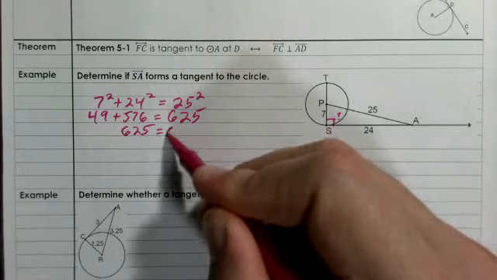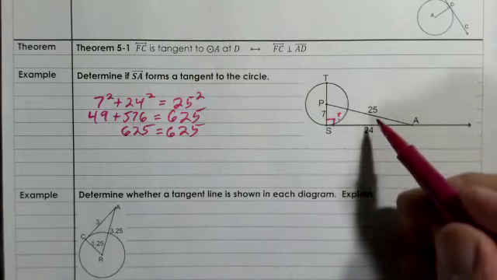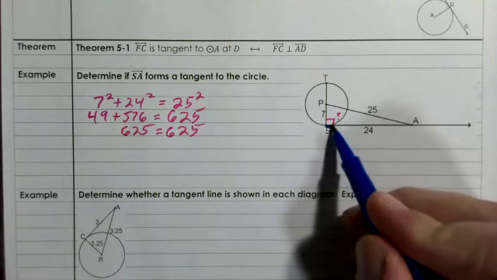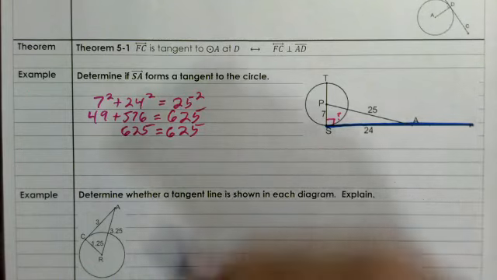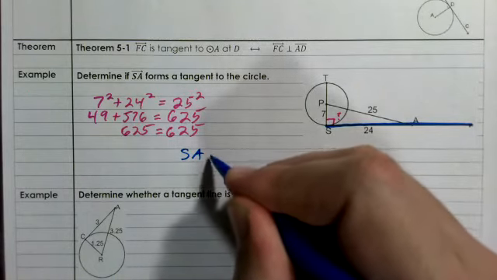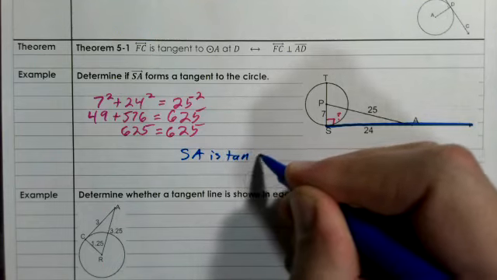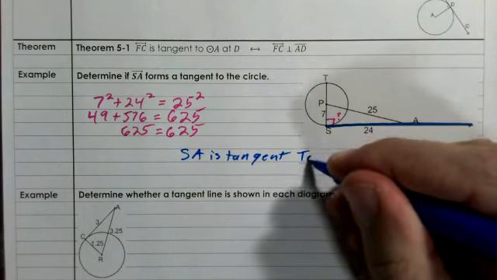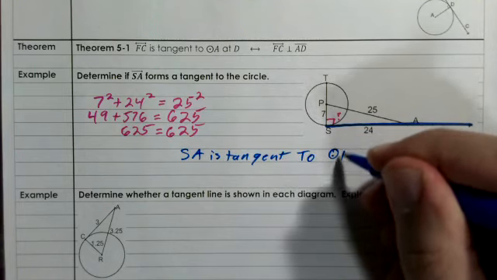Hey, that worked. So since this is a right angle, then we are able to say, yup, this thing SA is tangent to our circle, to circle P.